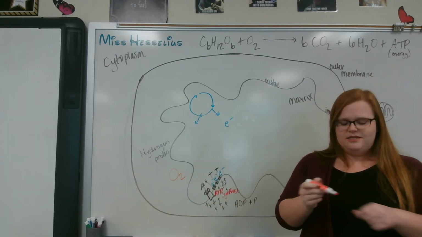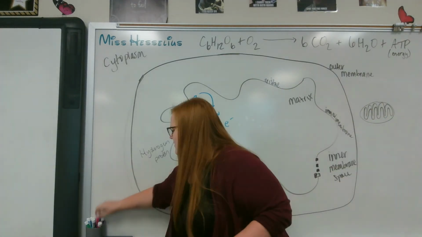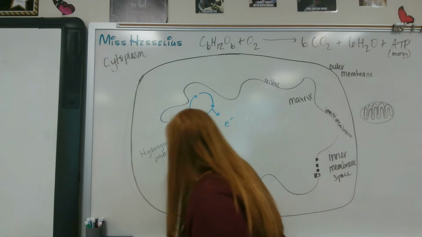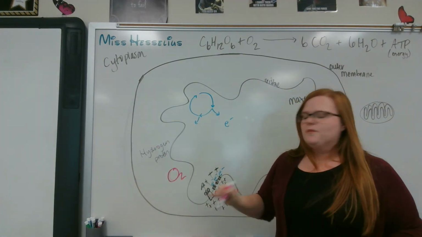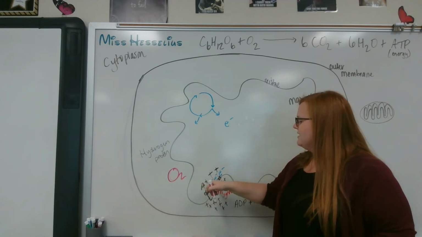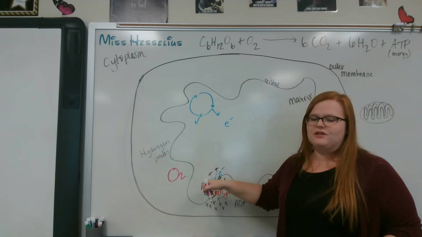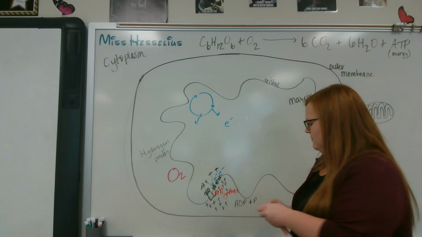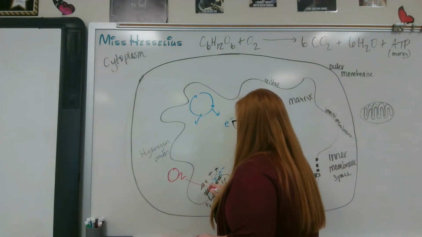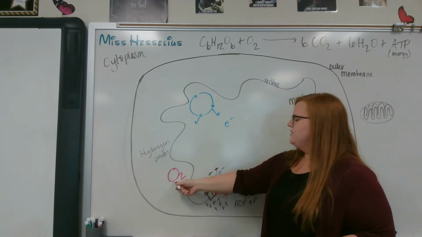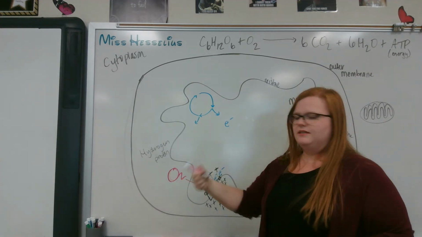Oxygen's sole purpose, I see the video, you can't really see that very well. Let me try this again. The sole purpose of oxygen is to collect electrons from this electron transport chain. It takes these electrons, and for every 1 oxygen molecule, it can take 2 electrons.